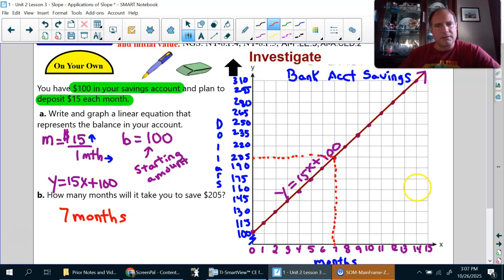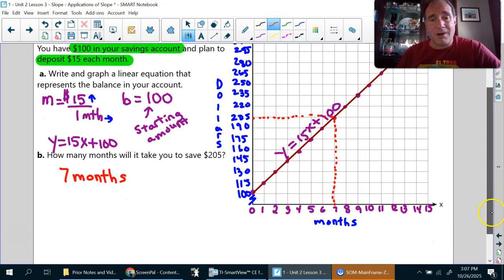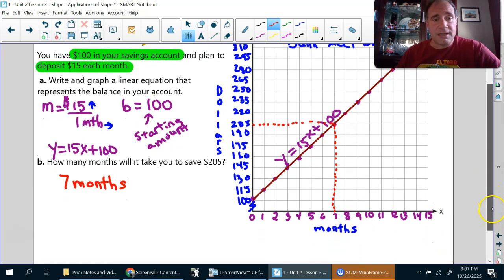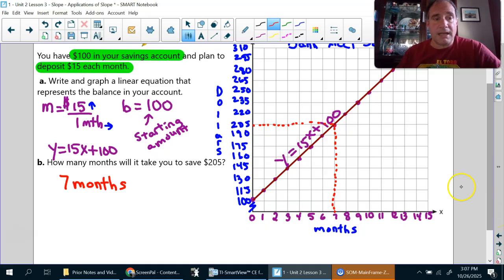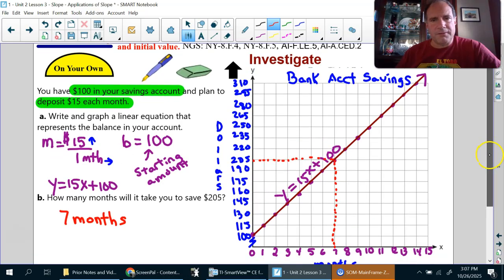And that's your work that you showed. You used the graph to do it. You didn't use the equation that you had. But if you substitute y equals 15 times 7 plus 100, you would have 205. So that is how you put your graph together.